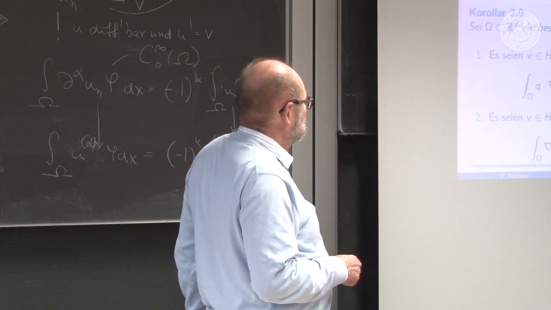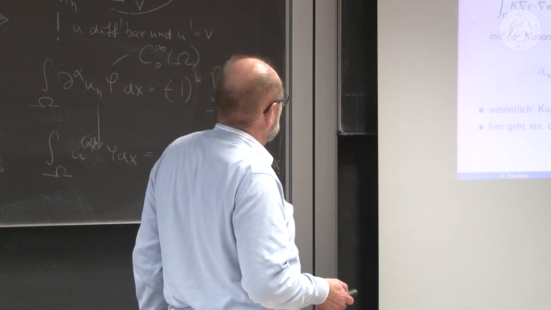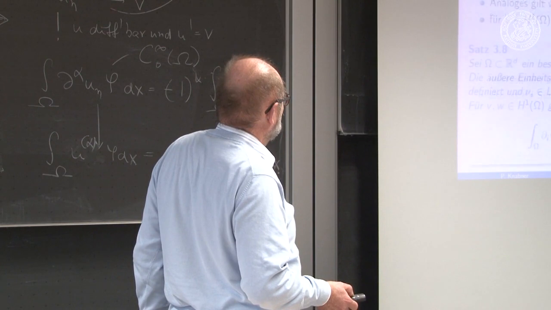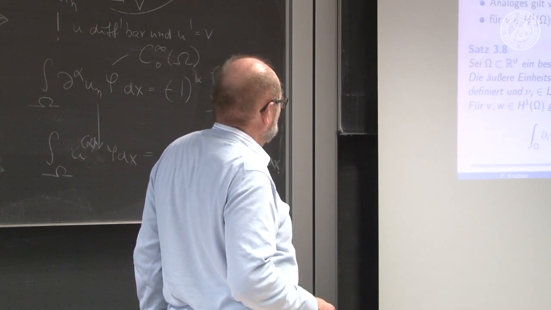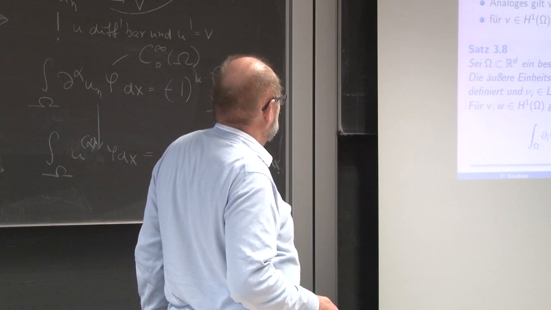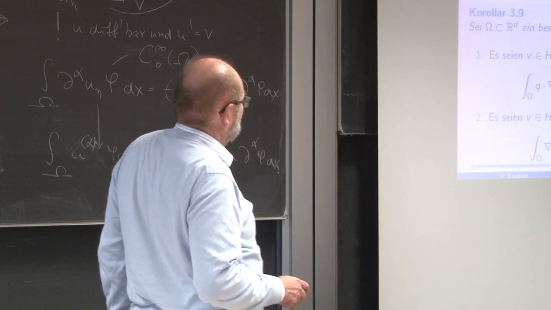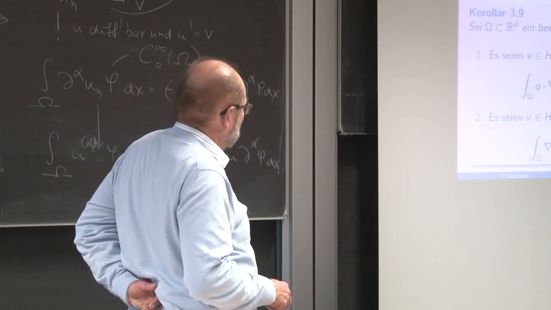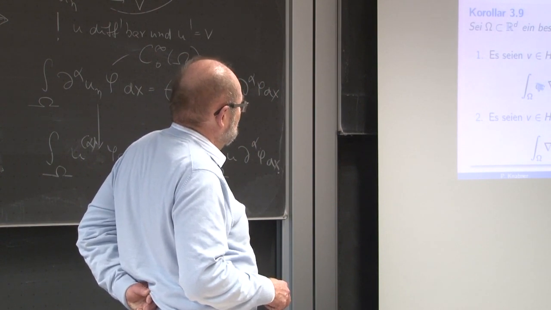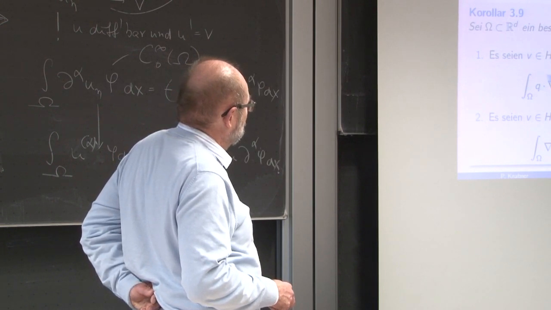Okay, the next step is to put the things together. So if we have this thing here, where is it? Let's go back. If I have this thing here, and I put it together for all the components, then I have a term like this here. If I always take the same other partner and add up all the equations, I get here the scalar product.